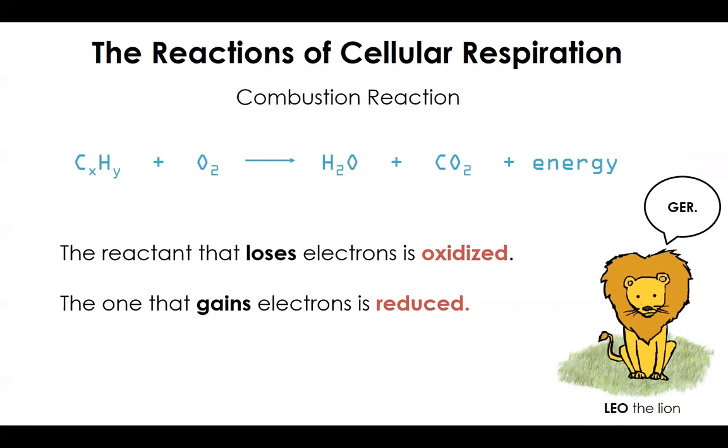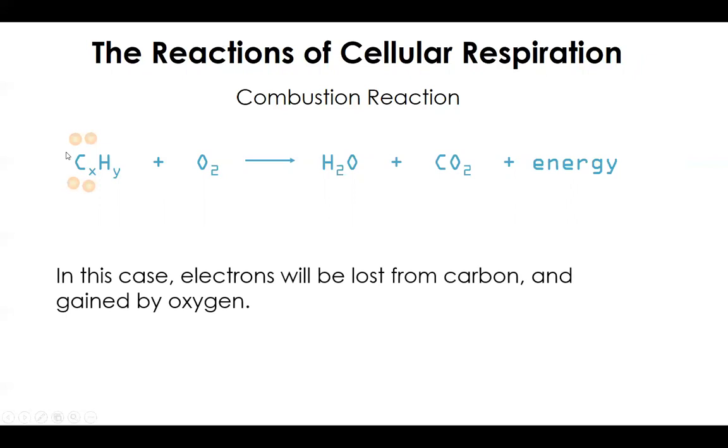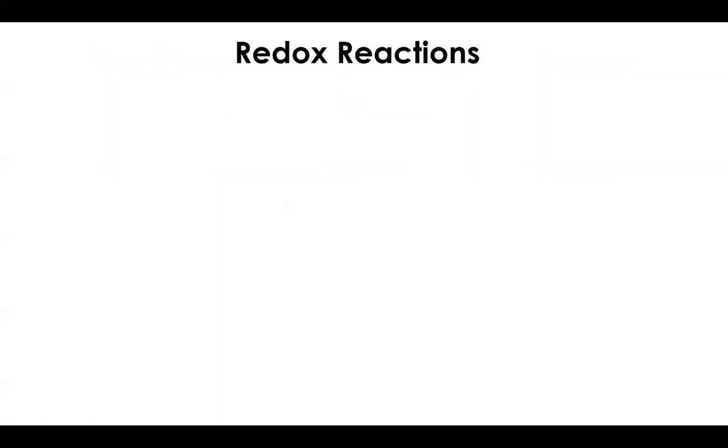Going back to that combustion reaction, thinking about electrons, and this is just a loose depiction, not exactly the way electrons move, you can think about the electrons being lost from carbon and gained by oxygen. Our carbon is oxidized, and our oxygen gets these electrons, so the oxygen is reduced. We're going to see some similar themes.